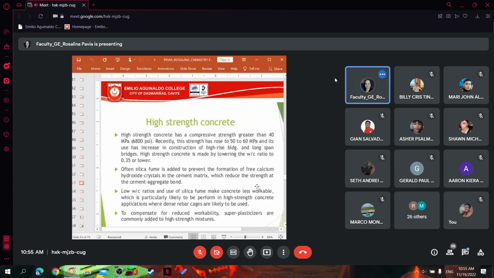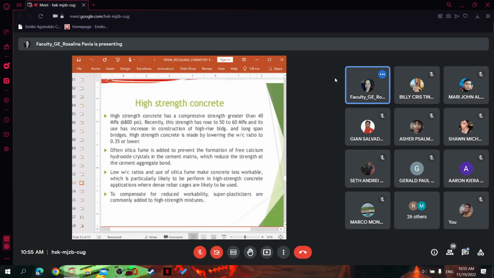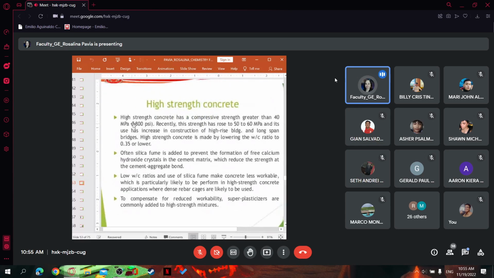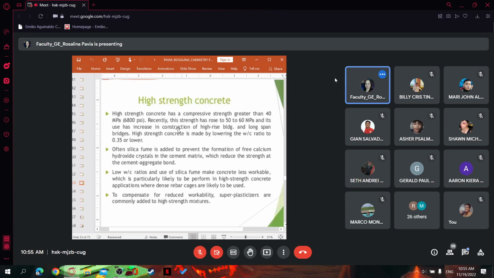For high strength concrete, it has a compressive strength greater than 40 megapascal or 6,000 pounds per square inch. Okay, this is the compressive strength that it can withstand. Now, recently, this strength has risen to 50 to 60 megapascal.